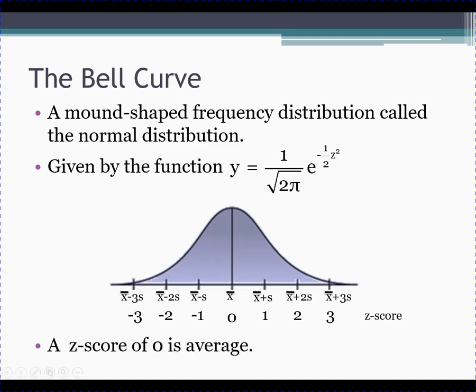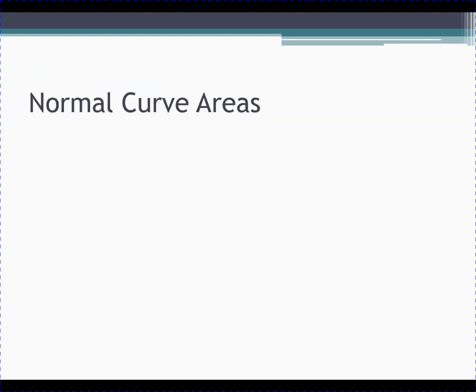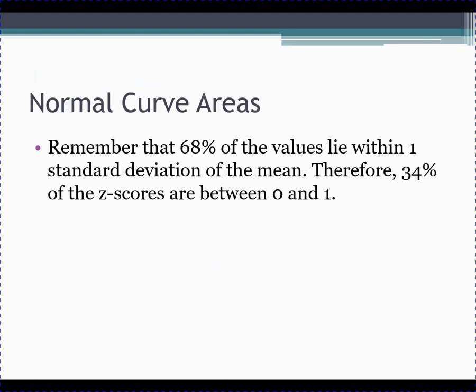And we're going to use this to help us find where different percentages of data lie. So going back to the empirical rule, remember that 68% of the values lie within one standard deviation. Therefore, 34% are between 0 and 1.